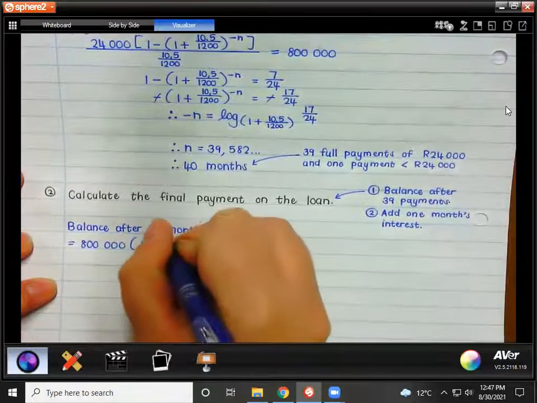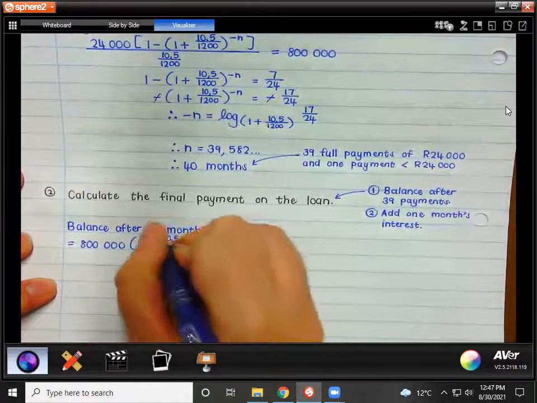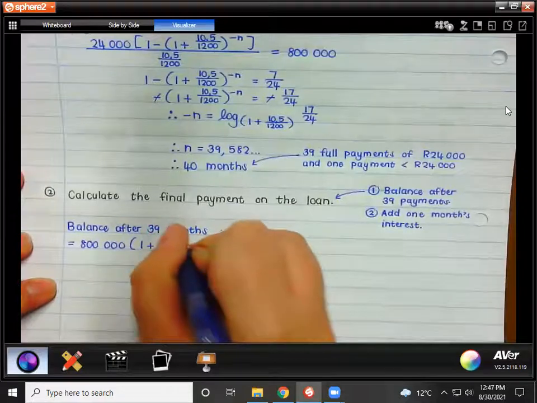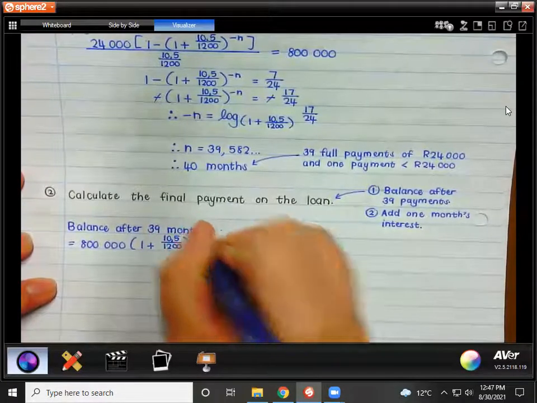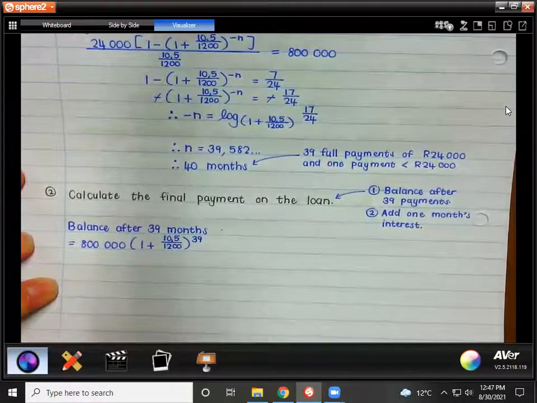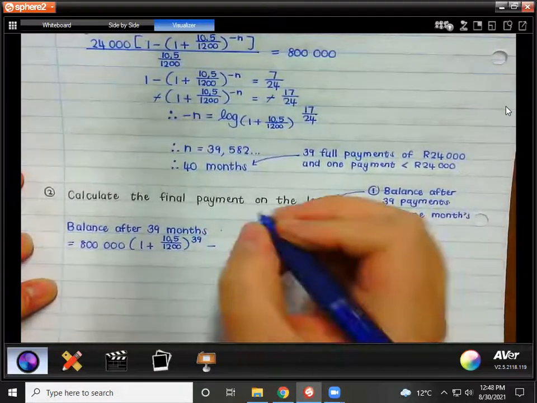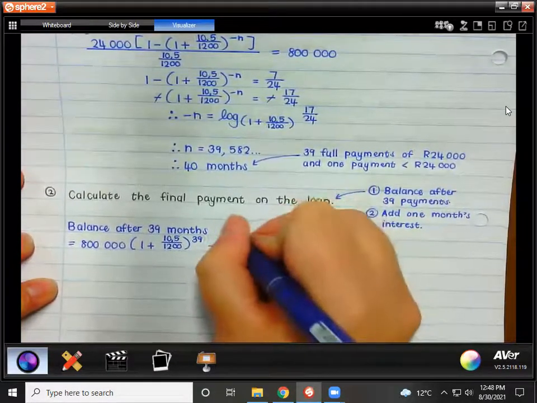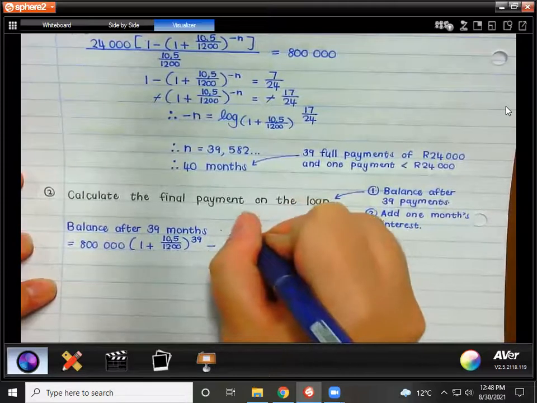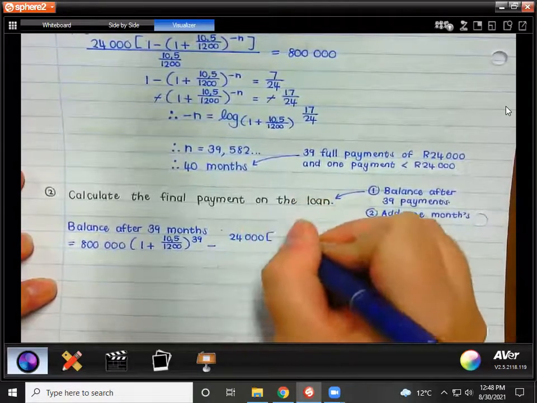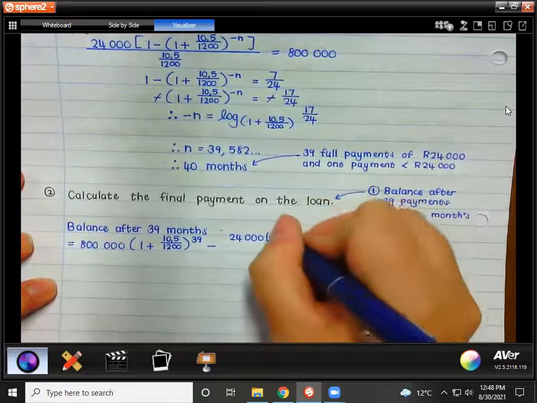1 plus 10.5 over 1,200. How many payments have we made? 39. Minus, what was our monthly payments again? 24,000. Now we're finding the future value.